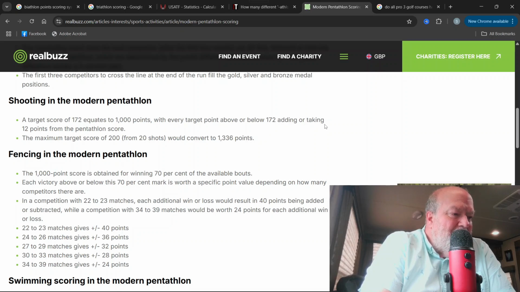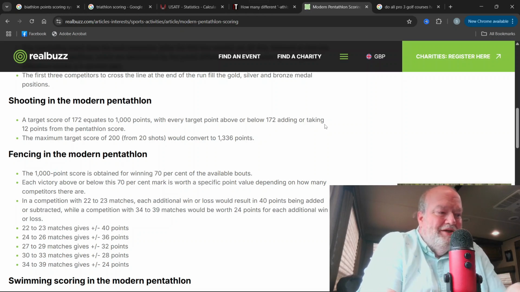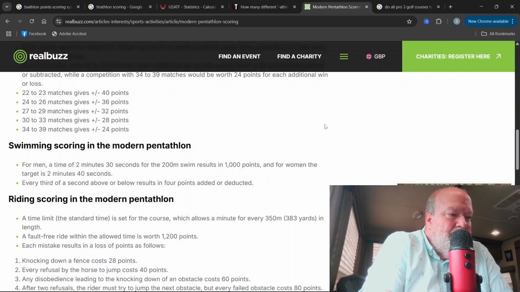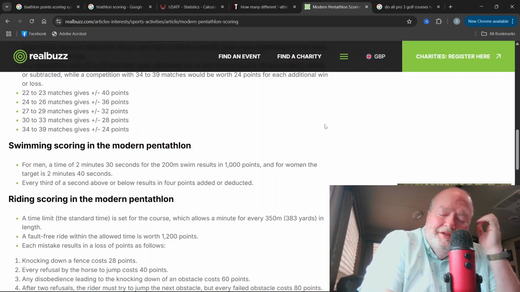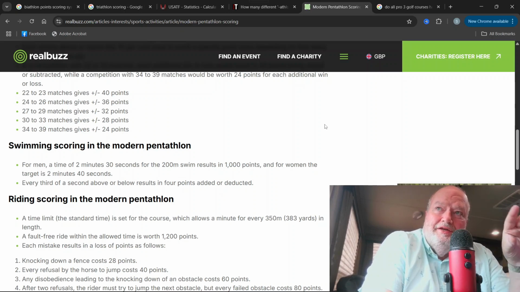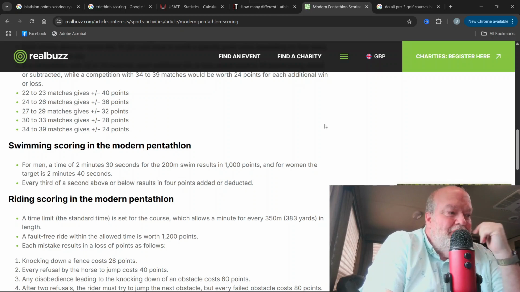Fencing, it depends on what your win-loss record is, and I think the round-robin format can kind of do that. Another part of that is, I've seen them take the mean. So you take everyone's scores and then divide to find out what the average is, and then you score points whether you're above or below that average.